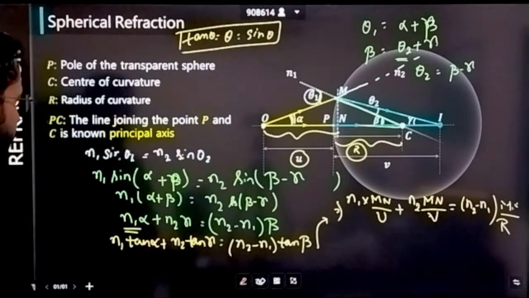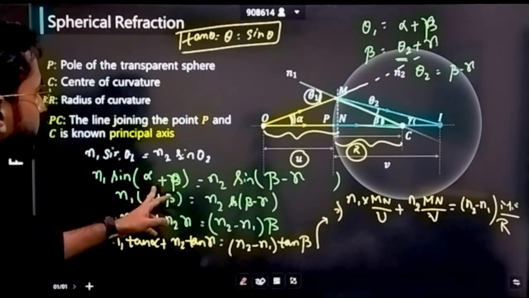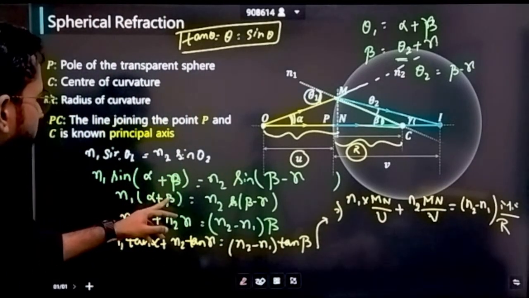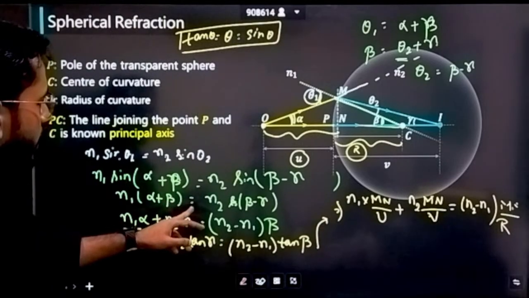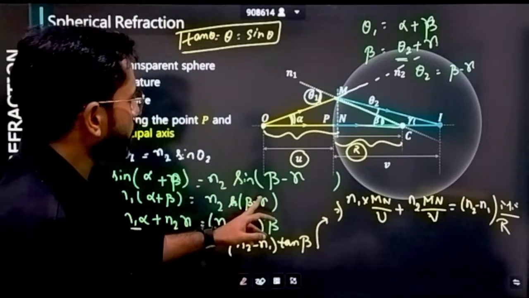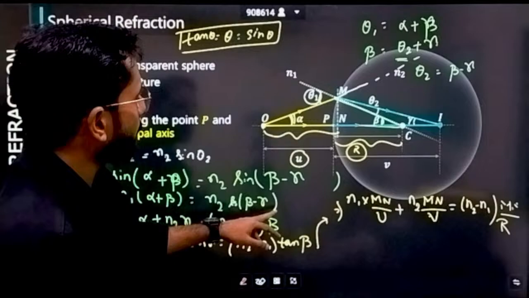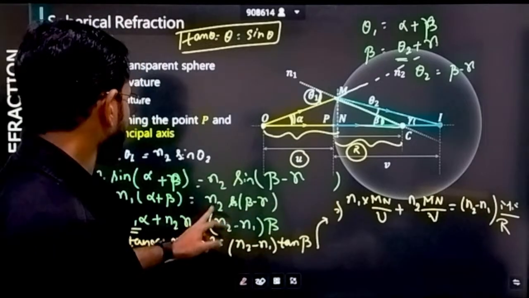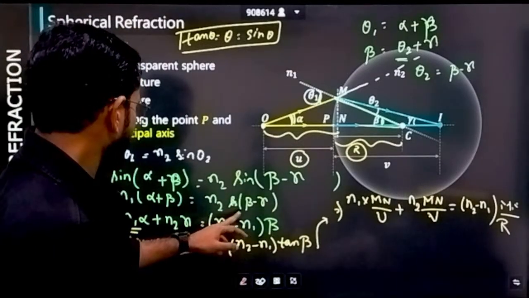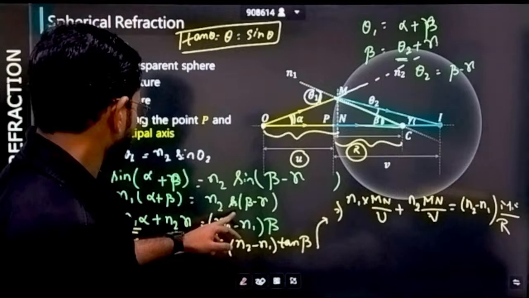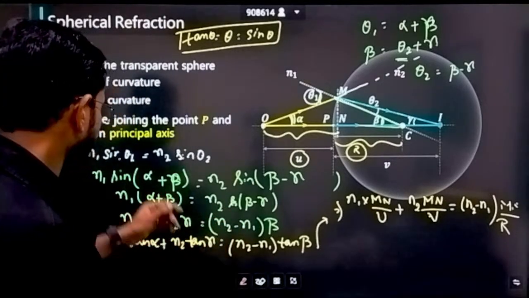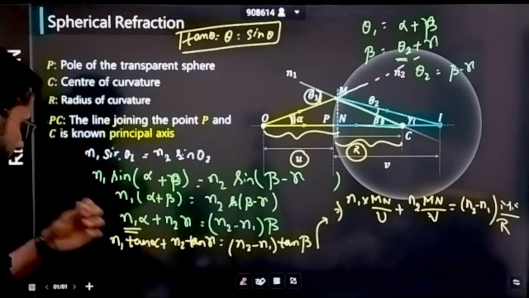Check the complete solution. It can simply be written as theta 1 equals alpha plus beta. Here theta 2 can be written as beta minus gamma. Correct? n2 gamma will be coming here. Correct.